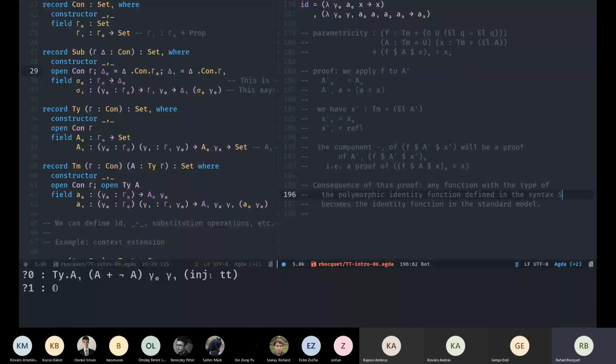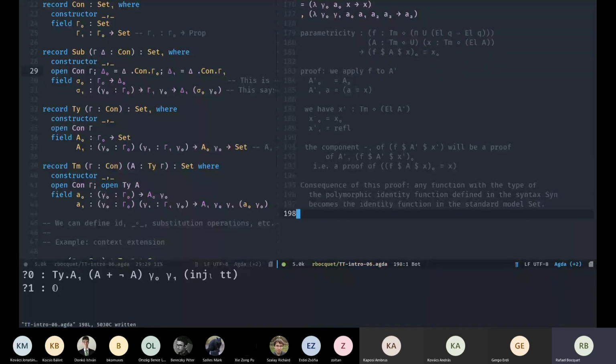So the syntax is this model and the standard model is this model.